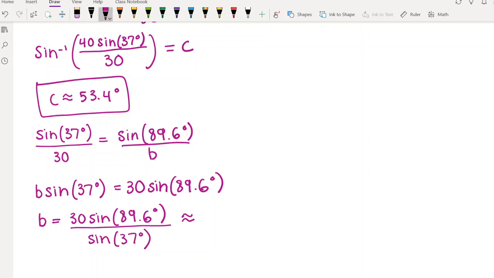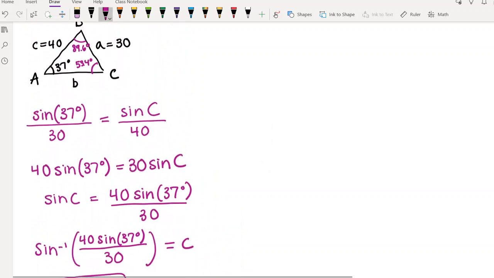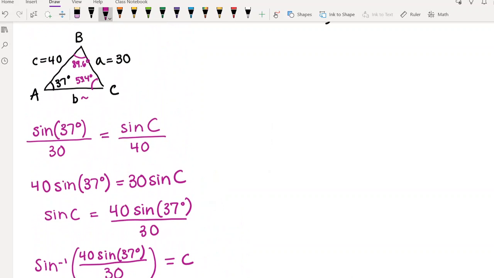And if you type that all into a calculator, you should get that B is approximately equal to 49.8. Okay, so we just figured out that B is approximately 49.8.